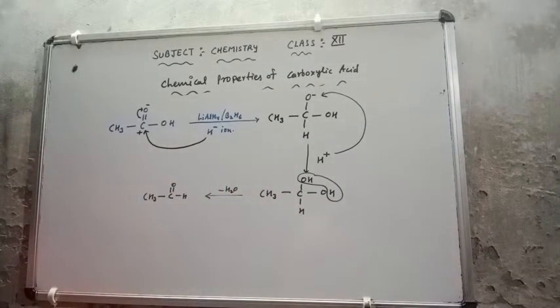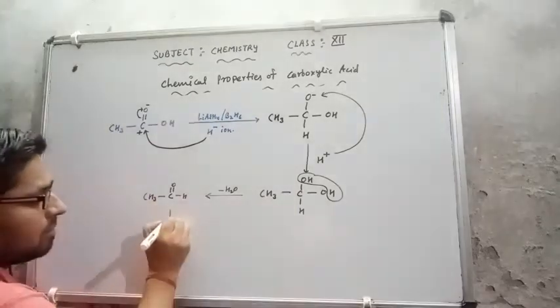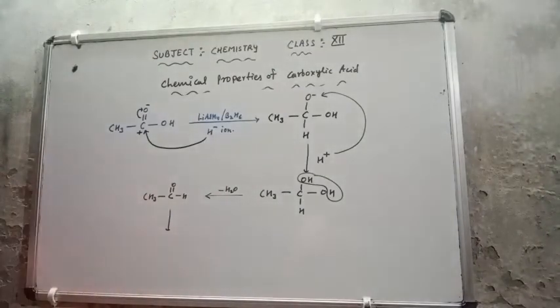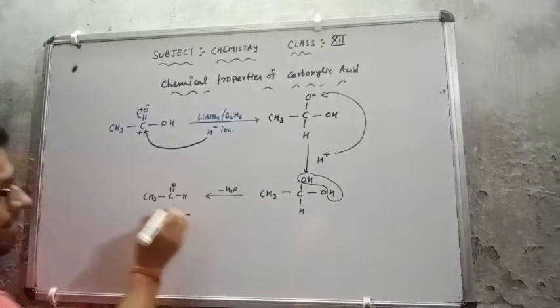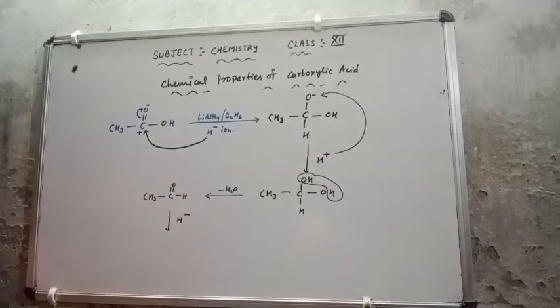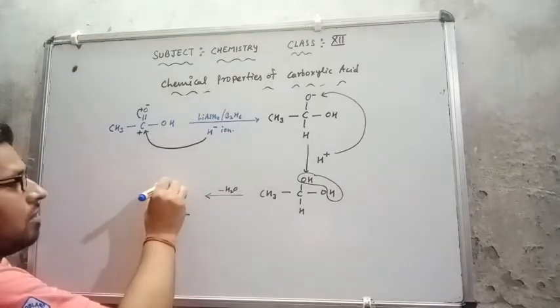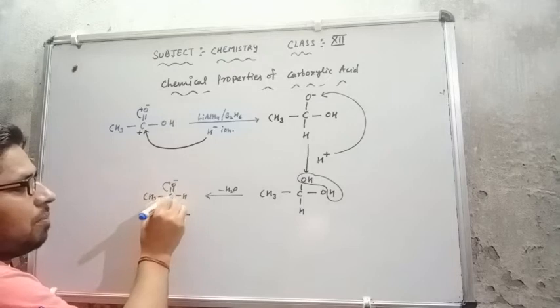Now again the same procedure is going to take place. How will it take place? The lithium aluminium hydride means the hydride ion. This oxygen attracts the bond pair of electrons towards its side, so this is negatively charged and this is positively charged.